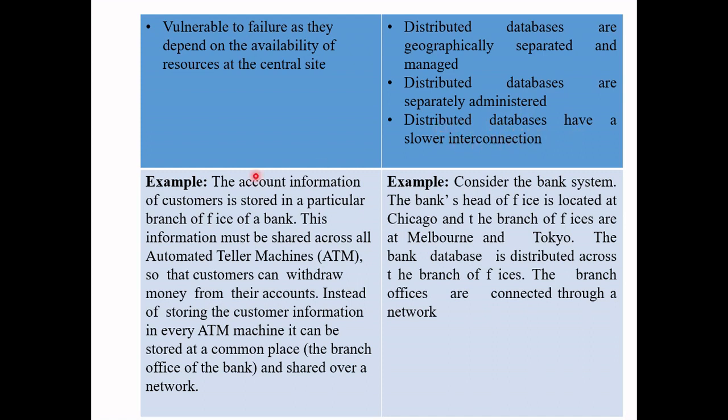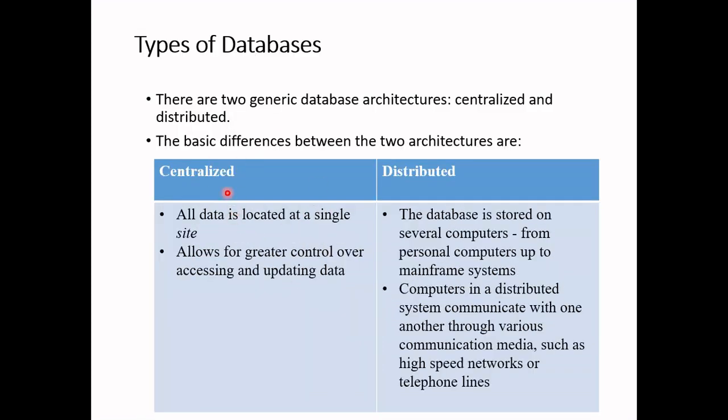See the example: the account information of a customer is stored in a particular branch of a bank. This information must be shared across all automated teller machines, that is ATMs, so that the customer can withdraw money from their accounts. Instead of storing the customer information in every ATM machine, it can be stored at a common place and shared over a network. So from anywhere we can access the money from the ATM. This is the example of a centralized database.